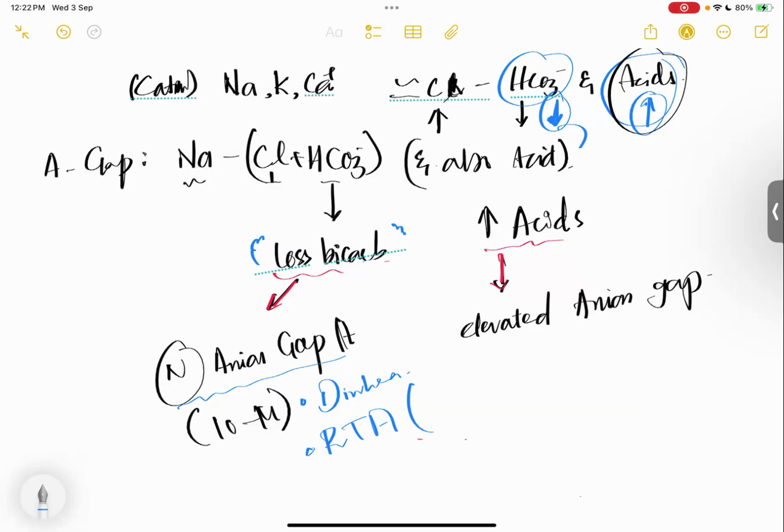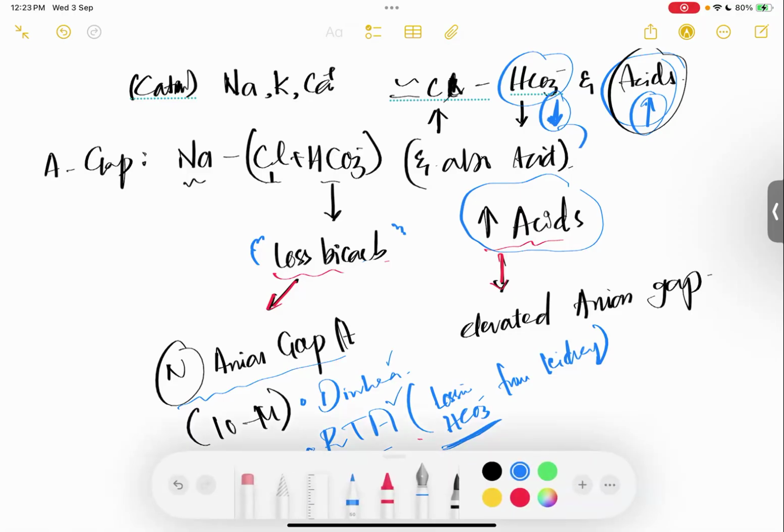We will discuss the types of RTA in pathology, but the net effect is we are losing bicarb from the kidney. Again, the main problem is in bicarbonate itself. We are not adding acid to our body, we are losing bicarbonate due to some problem in the kidney. So first was diarrhea, now kidney.